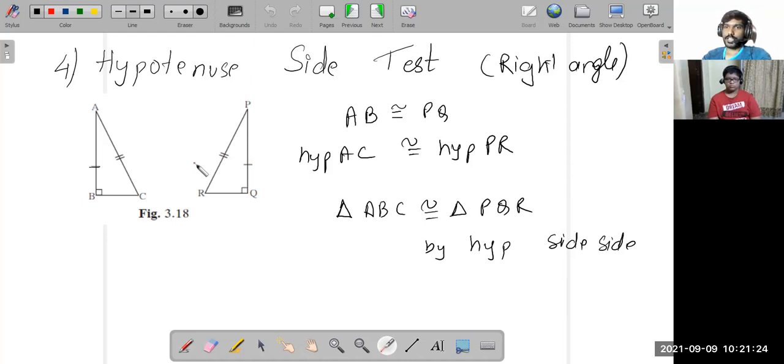The first thing to check, it should be a right angle. Second, any one side of both the triangles should be equal. Third, the hypotenuse of both the triangles should be congruent to each other. If all these three criteria are satisfied, then you can say that both the triangles are congruent to each other by hypotenuse side test.